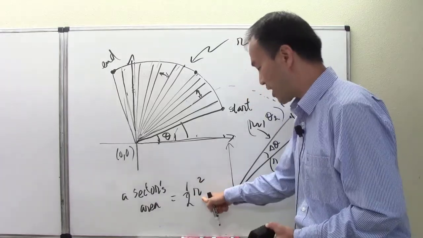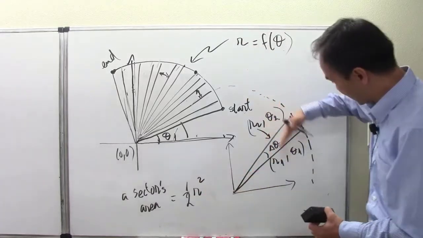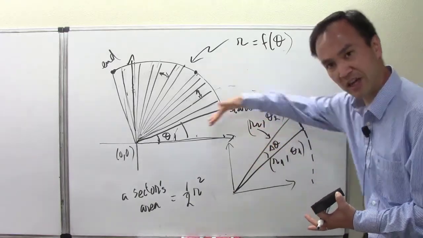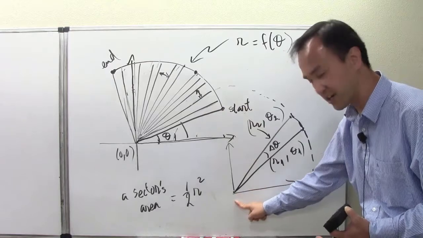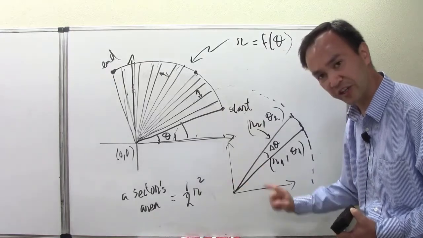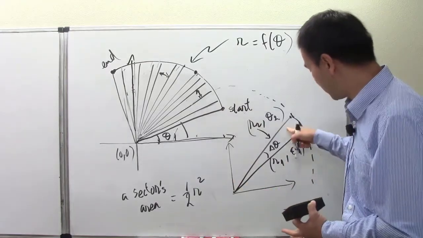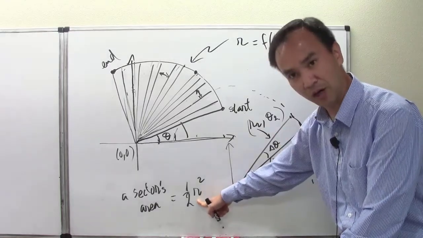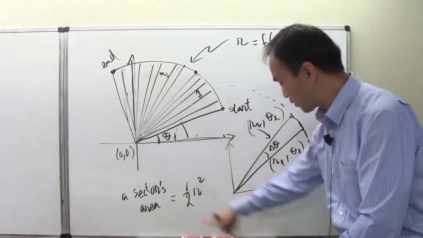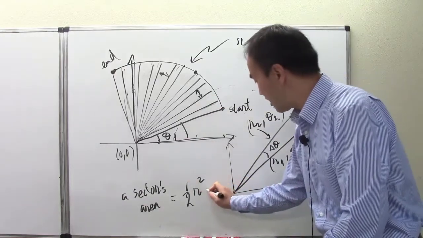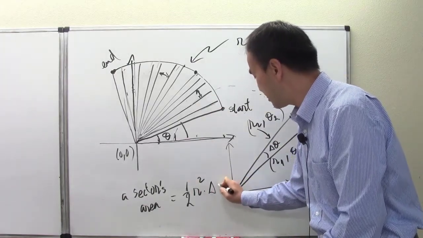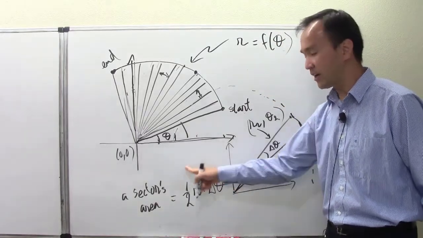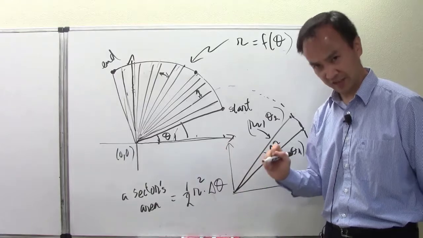And again, I was assuming that these are close enough to a sector on an actual circle centered at the origin, at the pole right there. And so r2 and r1, in other words, are approximately the same, with a common radius r on that circle. And we multiply by the change in theta angle. That's how we can calculate the area of any small sector, of any sector actually.